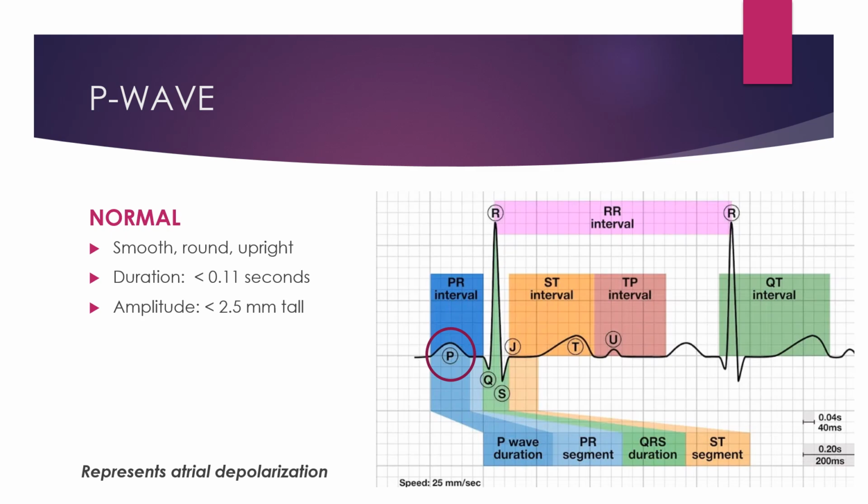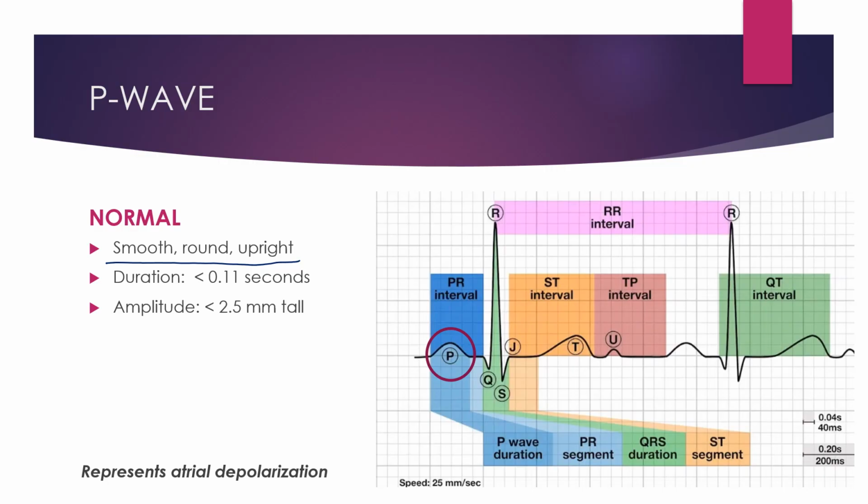Okay, so let's talk about what is normal for P waves. We're going to start with P waves. You guys know from sinus rhythms that normal P waves are smooth, round, and upright. And they should all match, right? To add to what you already know, they should have a duration or time.